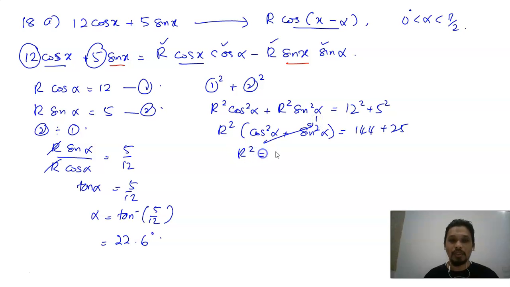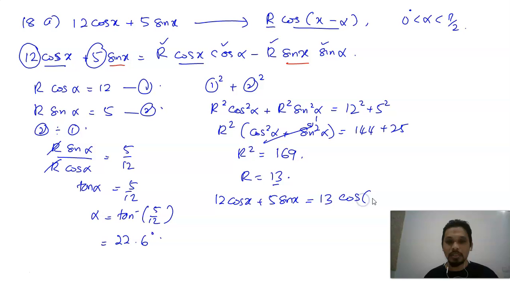Then r square equal to 169. Then r equal to 13. It's time for us now to express this in the form of this. Now 12 cos x plus 5 sin x equal to r, equal to 13 cos x minus alpha, which is 22.6 degrees.